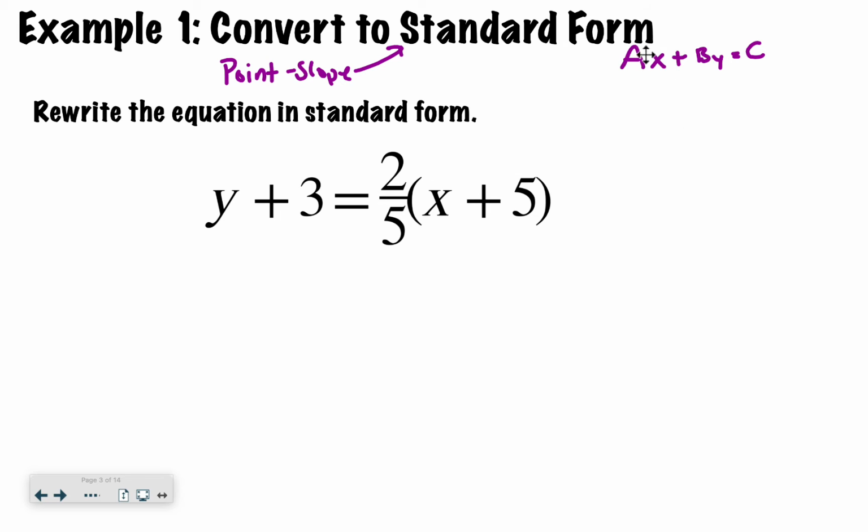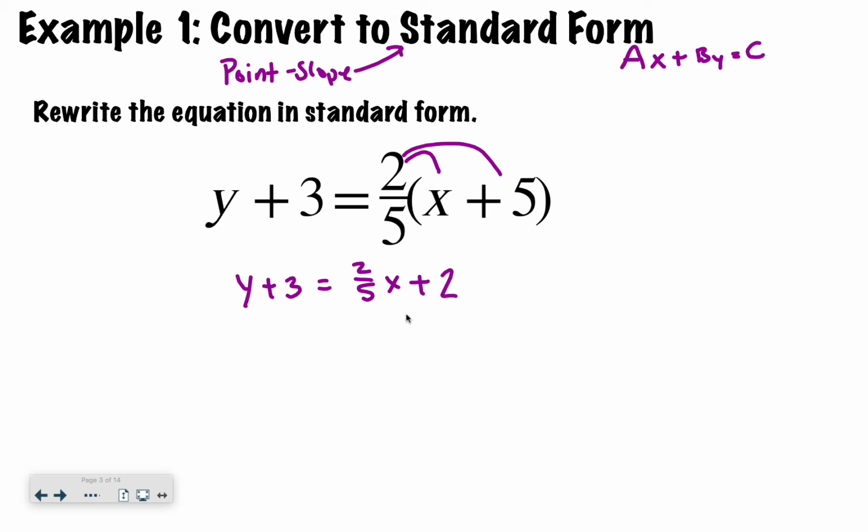So that means I need x and y on the same side of the equal sign. So my first step is actually going to be to distribute to get rid of those parentheses. So I'm going to say y plus 3 equals 2/5 x plus 2/5 times 5 is just 2.